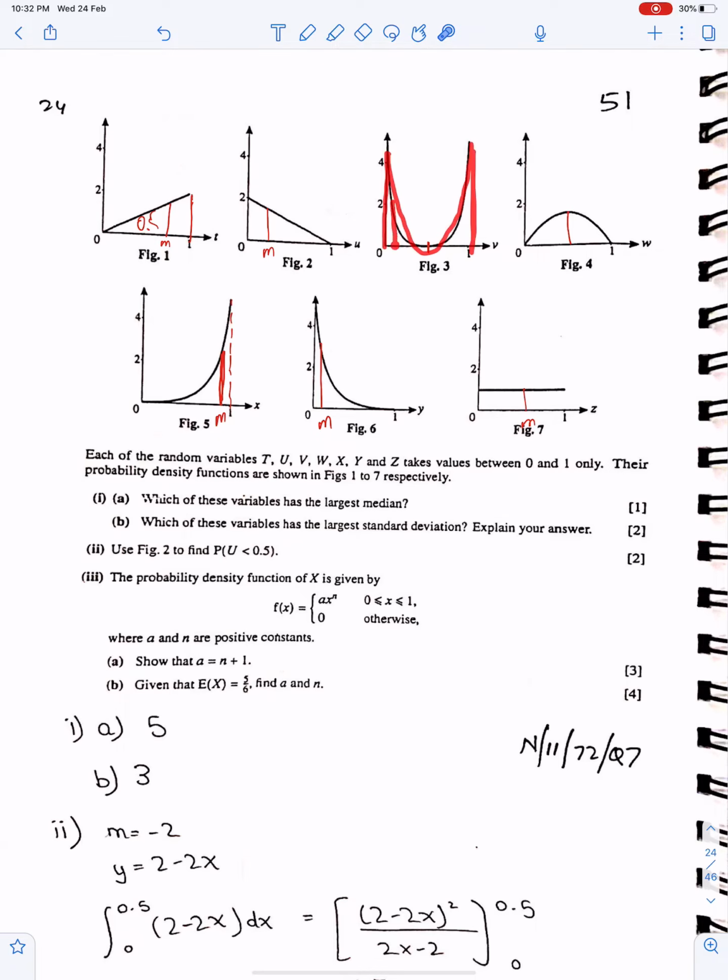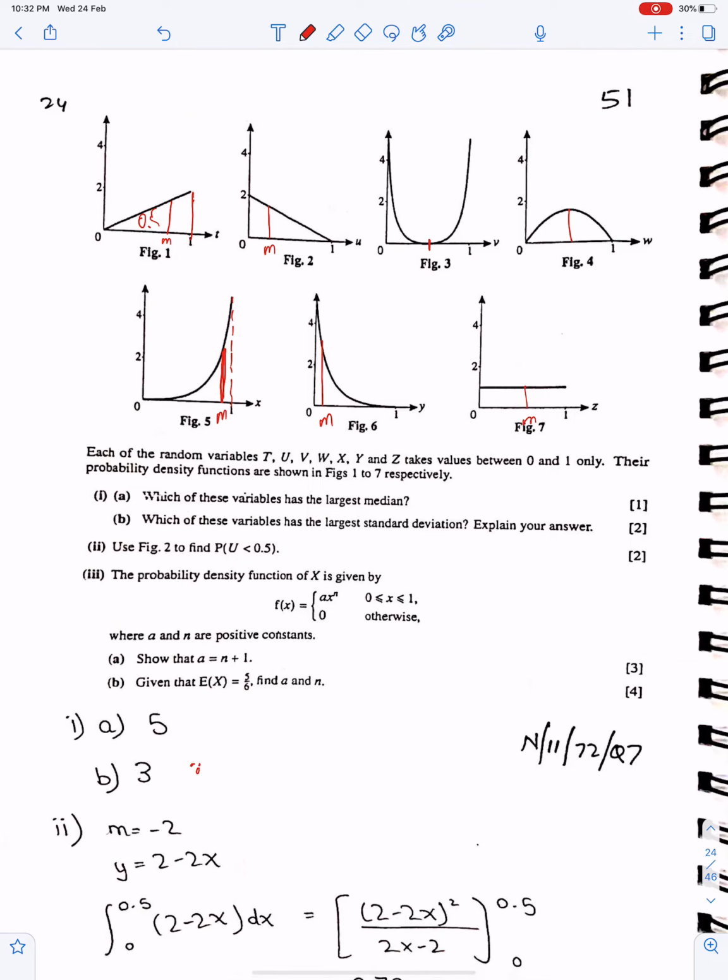So probability is greatest over here and here. Since there is more probability at both extremes, therefore standard deviation is greatest in this diagram. You can give this reason: high probability at both extremes.